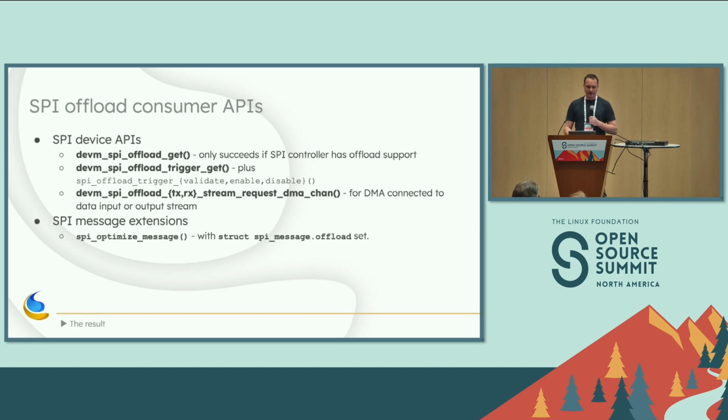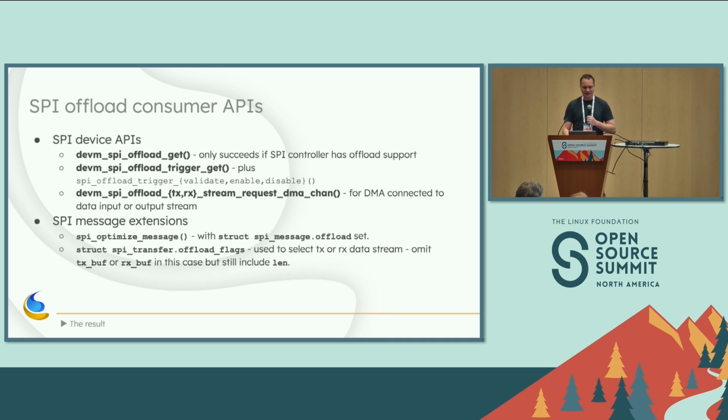And then once you've got all the resources that you need to do the actual SPI transfer, we need to call that SPI optimize message function again, but this time we're setting the offload with the offload instance that we got, to let the SPI controller know that this message is going to use those special offload capabilities.